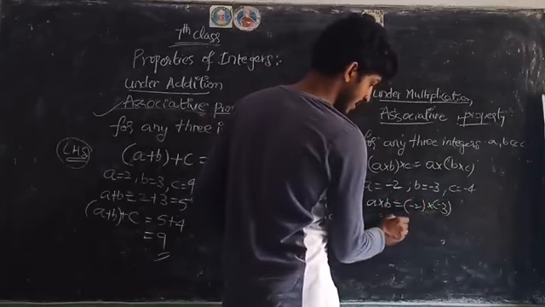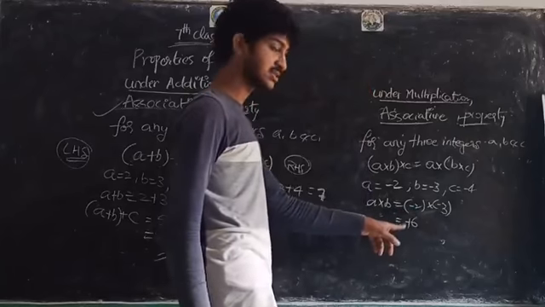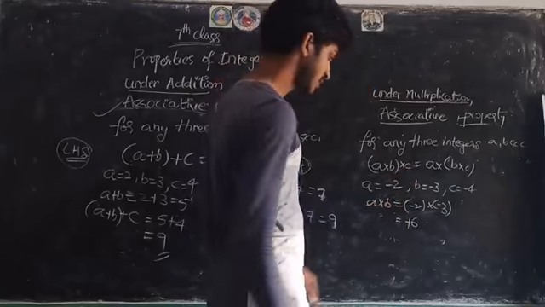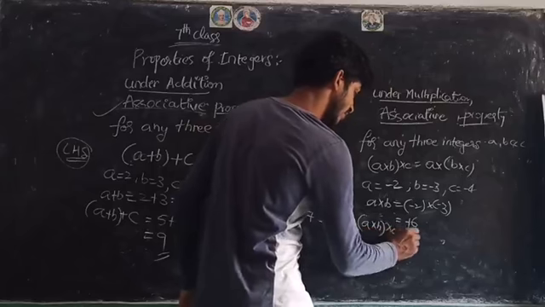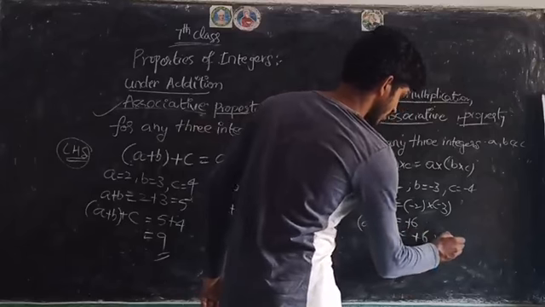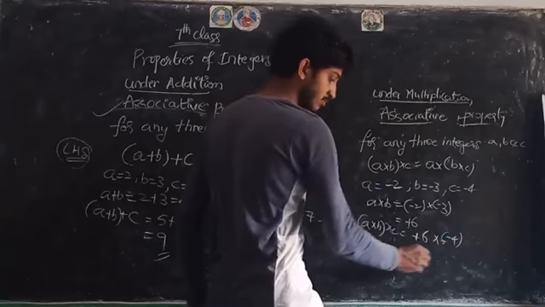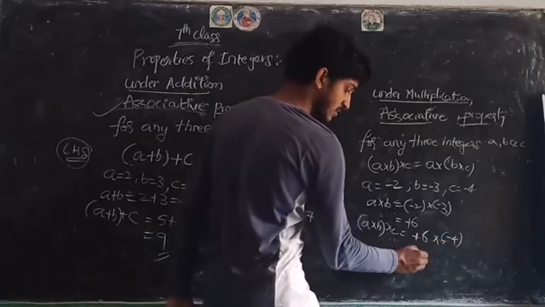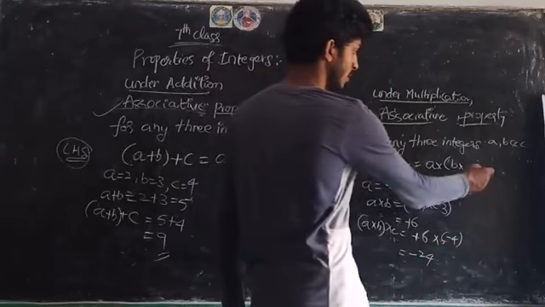Minus into minus is plus, 2 threes are 6. Now I am multiplying this answer with c, so plus 6 into -4. Plus into minus is minus, 6 fours are 24. I am getting -24 as the answer.